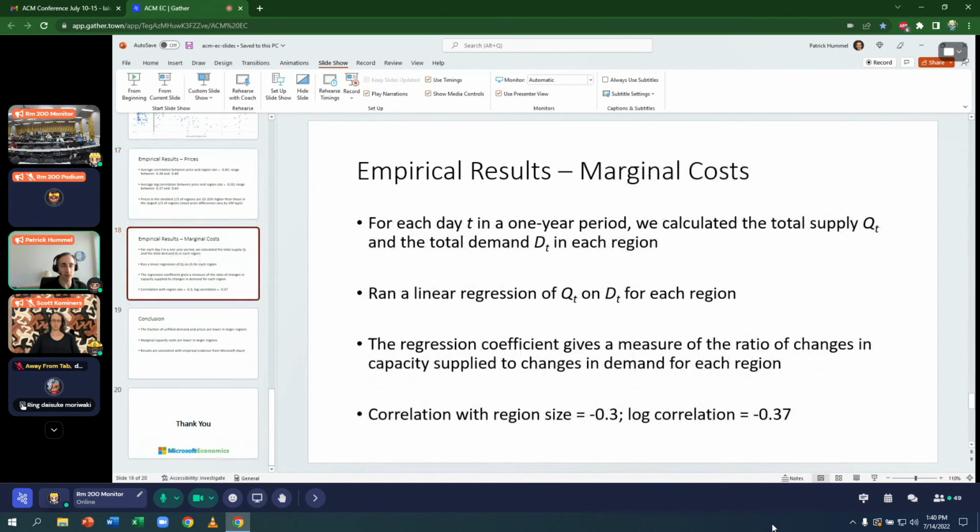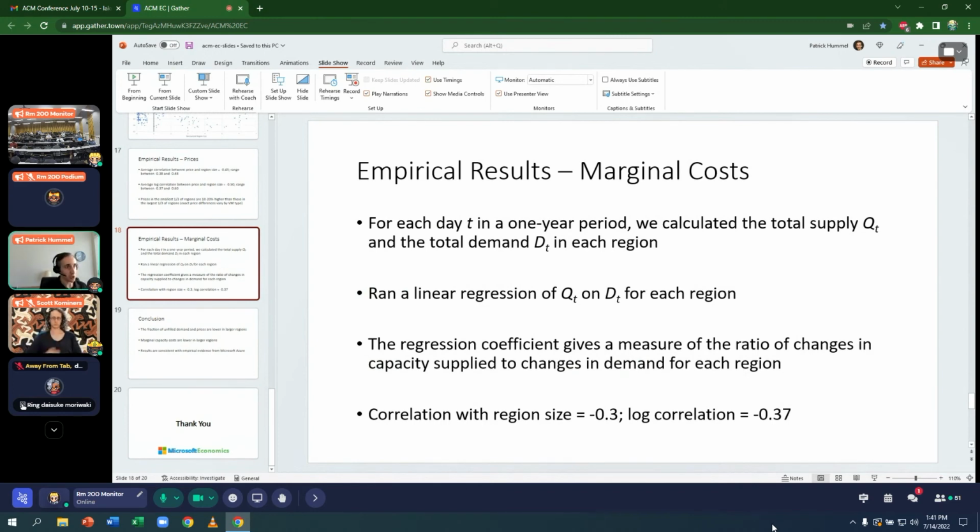So we also have a result on how marginal capacity costs vary with region size empirically. And so to study this, for each day in a 1-year period, we calculated total capacity supplied and total demand in each region. We then ran a linear regression of capacity supplied on demand for each region separately.